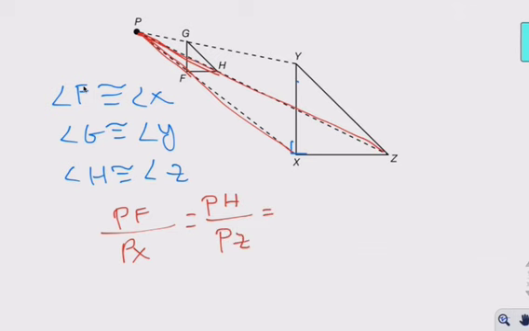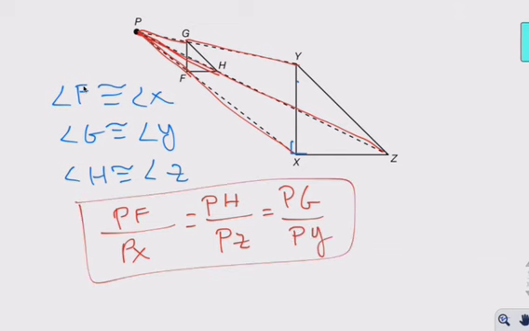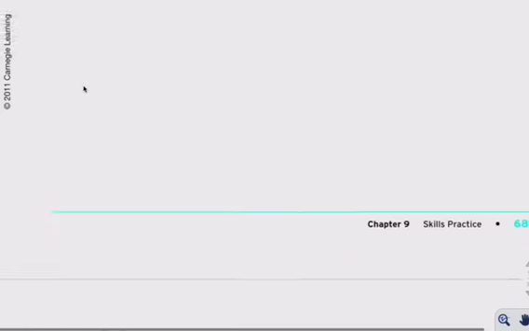And that has to equal PG over PY. The ratios have to all be equal. If these two things don't work, the two triangles are not similar. If they ever ask you if it's similar or not, you need to check and make sure the ratios are the same and all the angles are congruent.